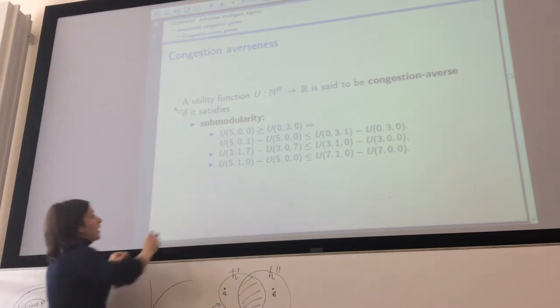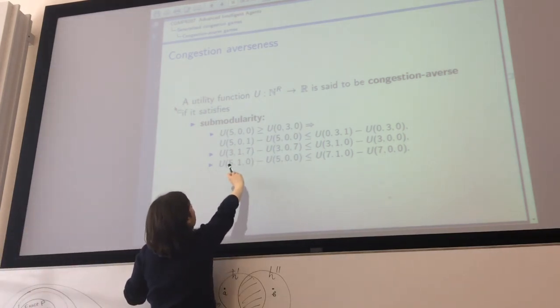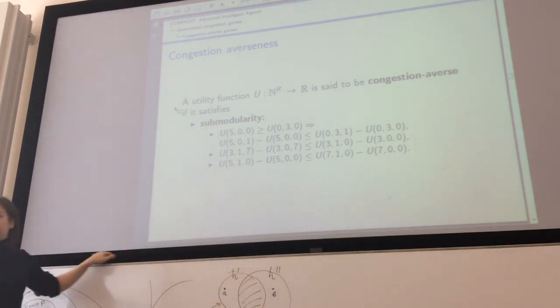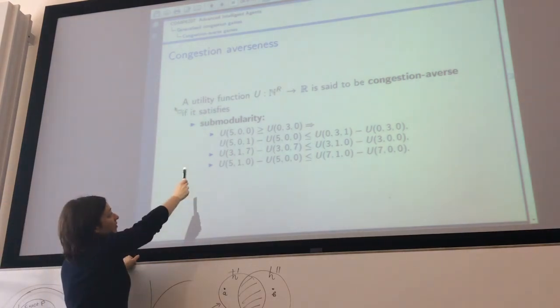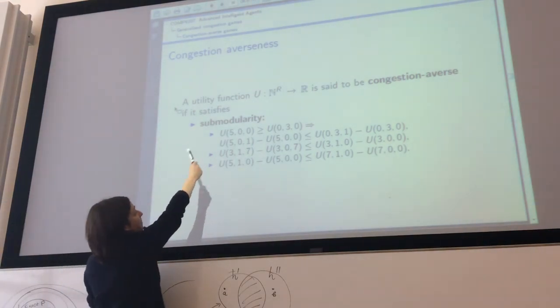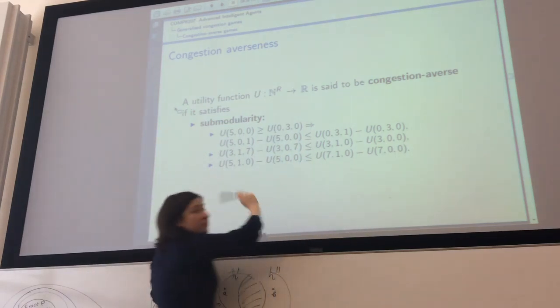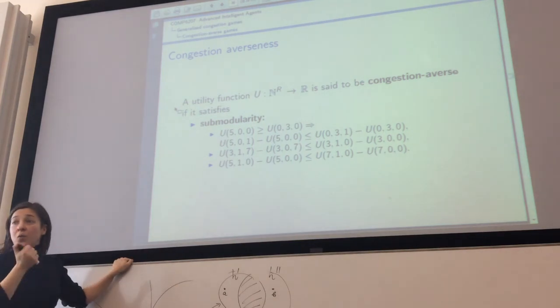Okay. And now we add, I made a mistake, sorry. Now we add the third resource with congestion 1. Adding it to the better strategy is less profitable than adding it to the worse strategy.